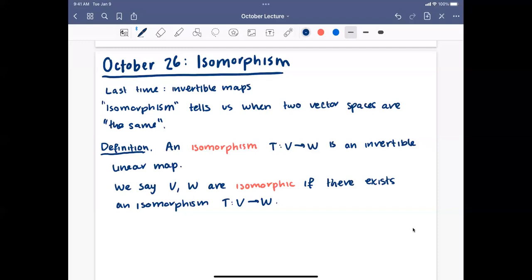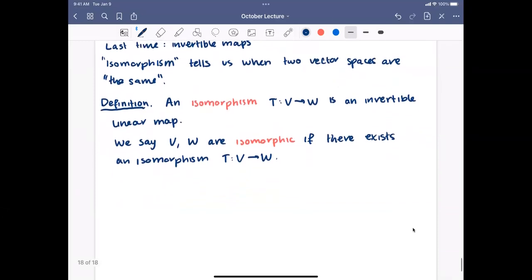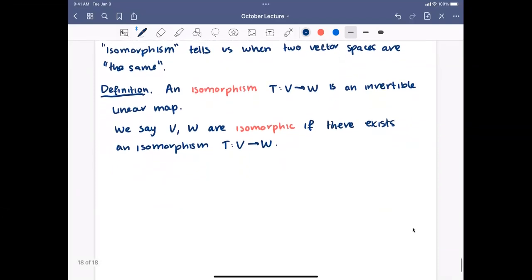Okay, so now we'll do a theorem, which in my mind is the main point of linear algebra and why linear algebra is so nice.